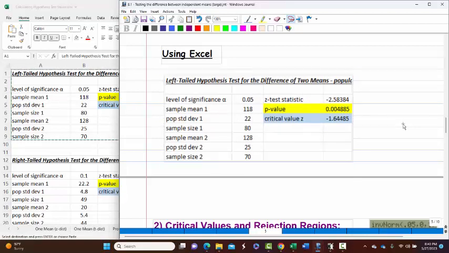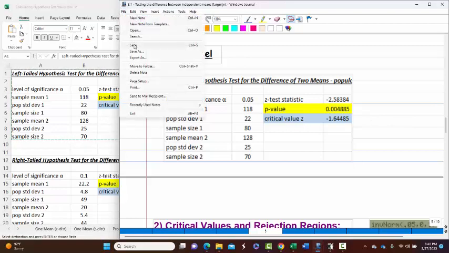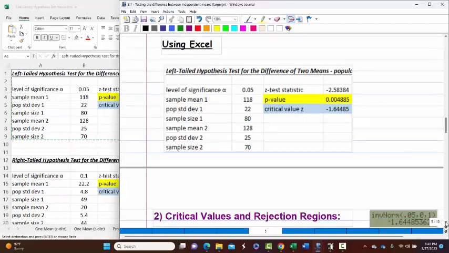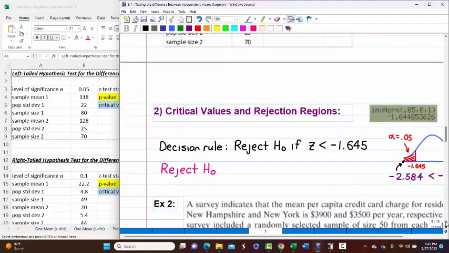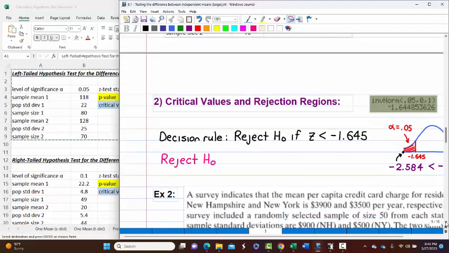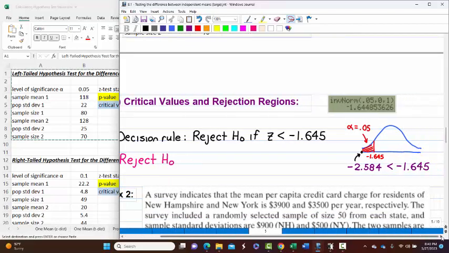Okay, there we go. So if we were using critical values and rejection regions, I did inverse norm, 0.05, 0, and 1. And you see it's negative 1.645. So you would reject the H0 if Z is less than negative 1.645.